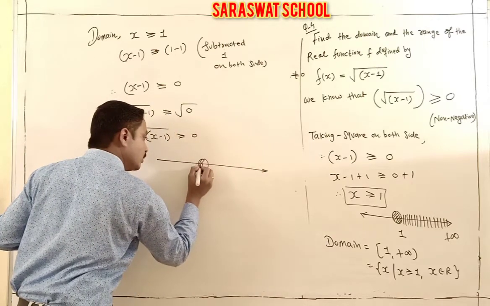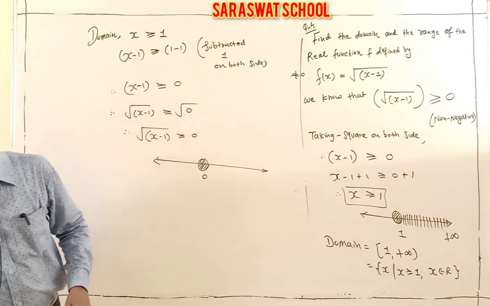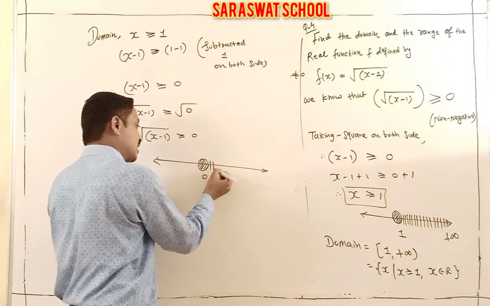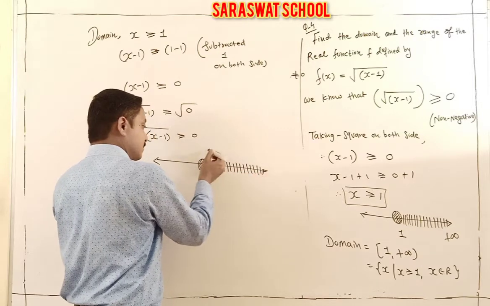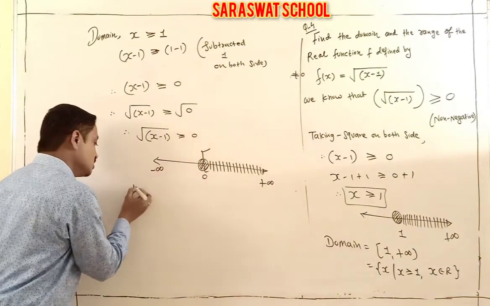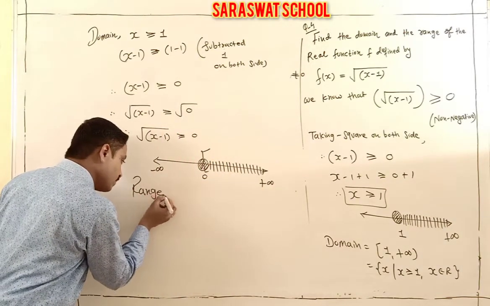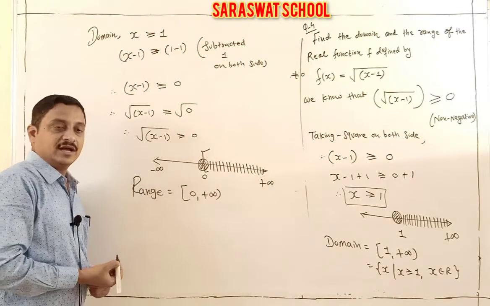Here 0 is included, moving to the greater side, increasing in this way, with plus infinity on this side and minus infinity on the other. So my range is, what is the range? Closed bracket 0 to plus infinity.